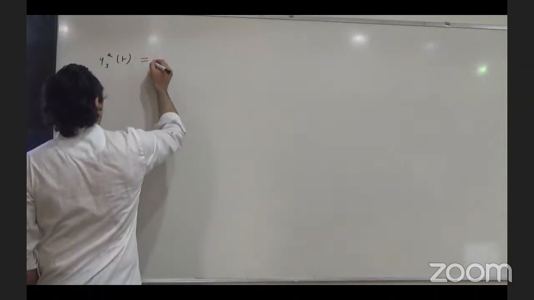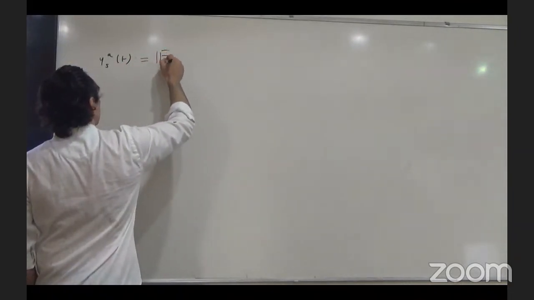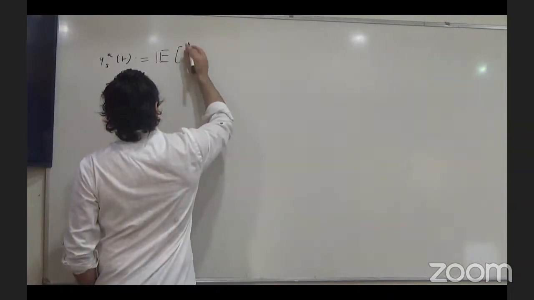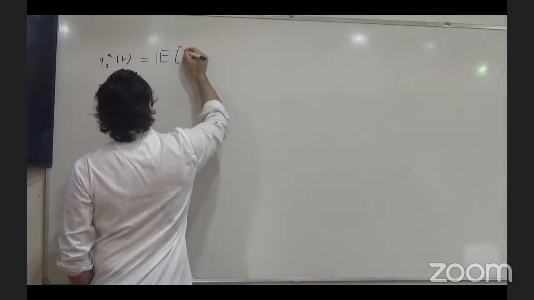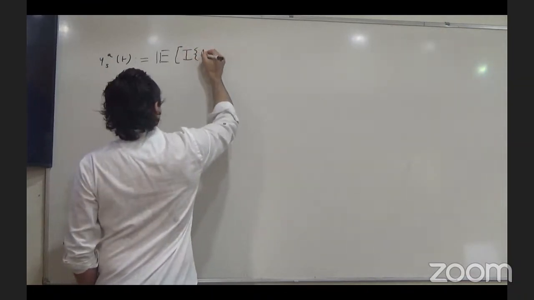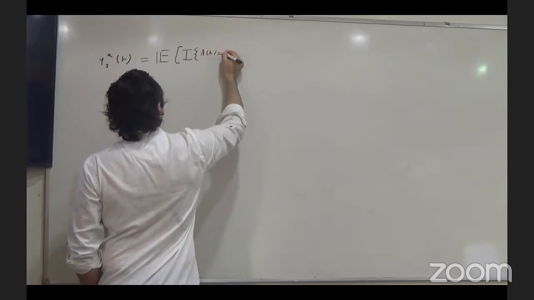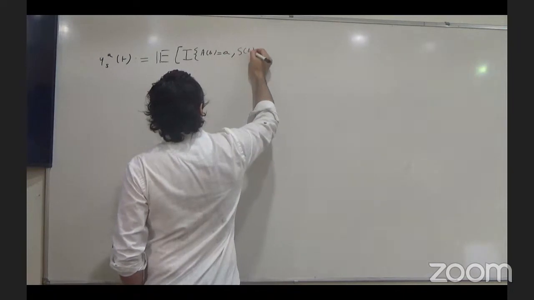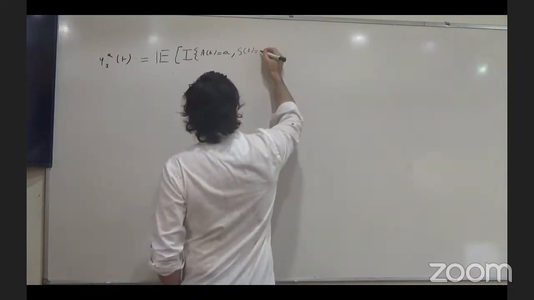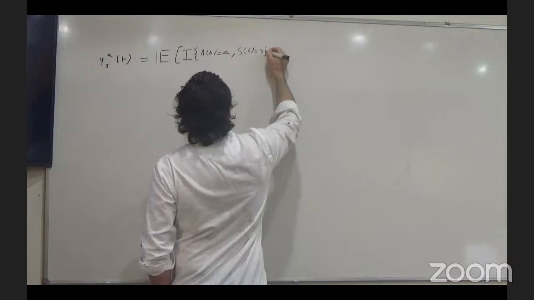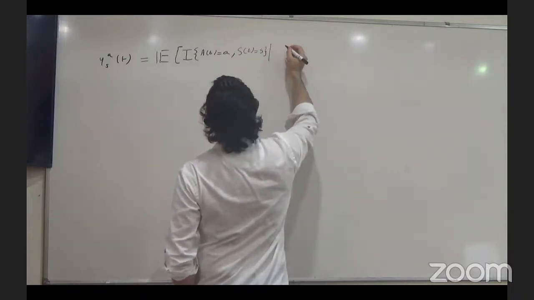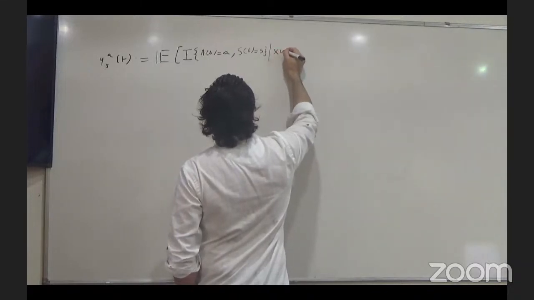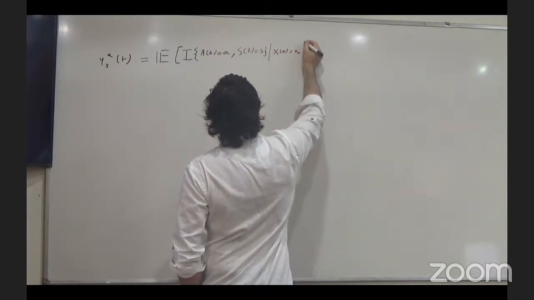Equal to the expectation of the indicator of this event: A T is equal to A, and S T is equal to S, knowing the entire event, so knowing basically X0 equal x0.